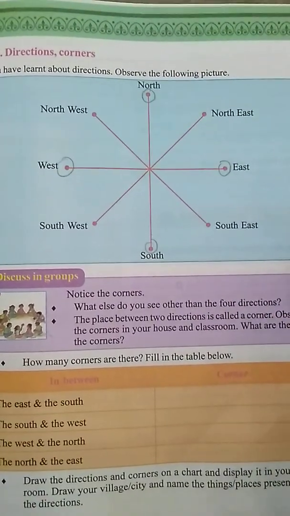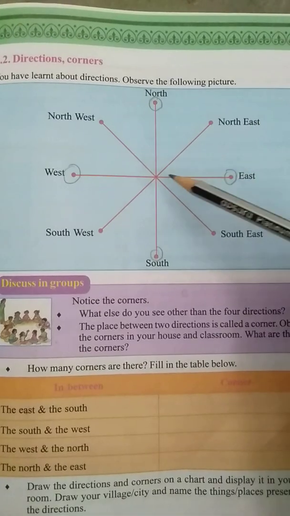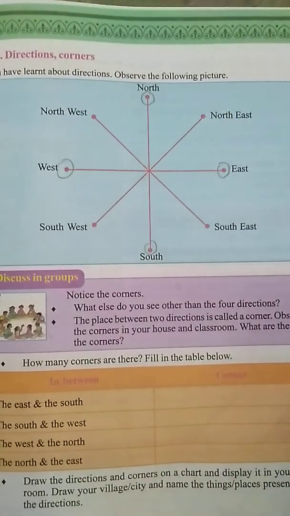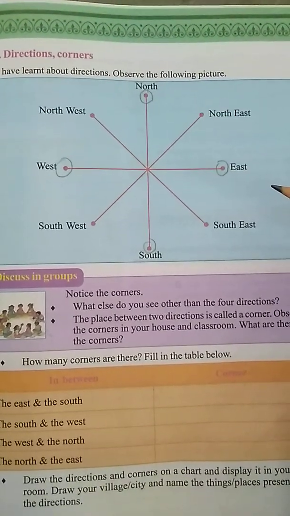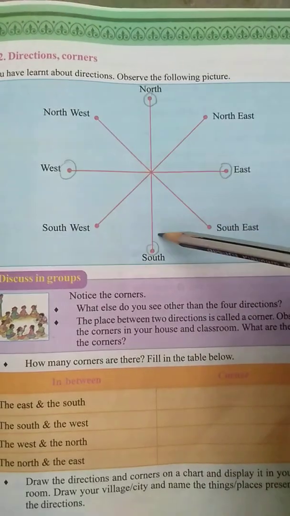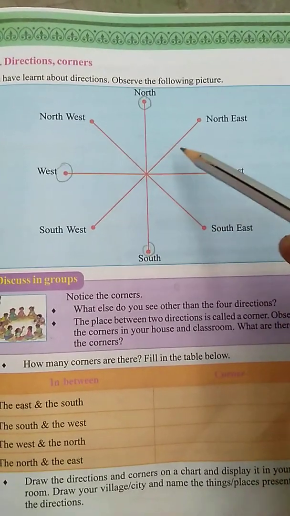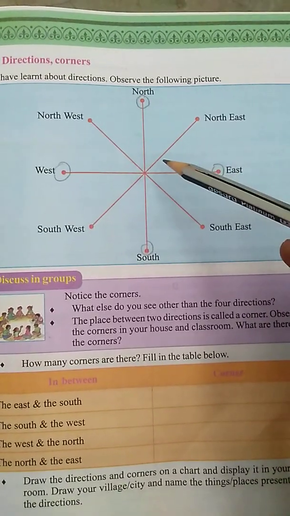But these four main directions have four corners also. These are called the sub-directions also. We call them corners also.